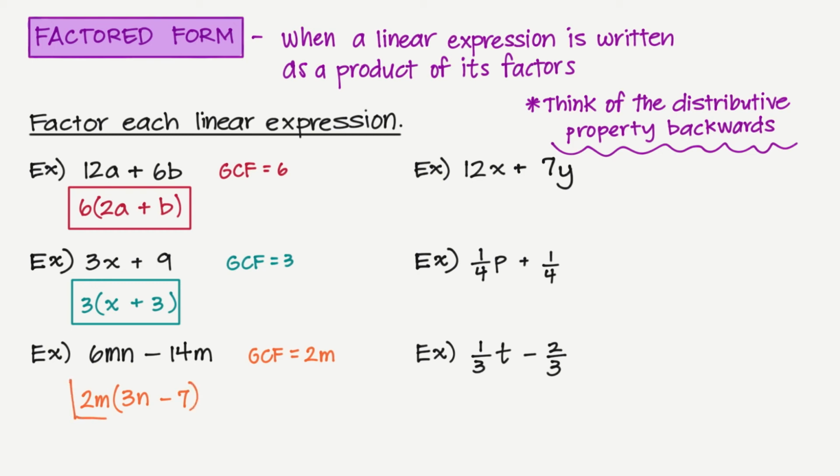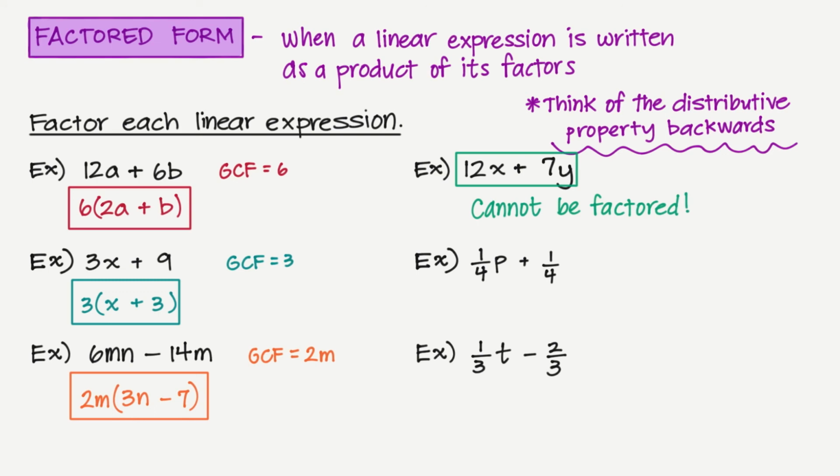So 2m times 3n minus 7. All right, our next example is 12x plus 7y. They don't have a number in common, and they also don't have a variable in common. So what we're given is the most simplified form. And so all we would write down is that it cannot be factored, and that's it.